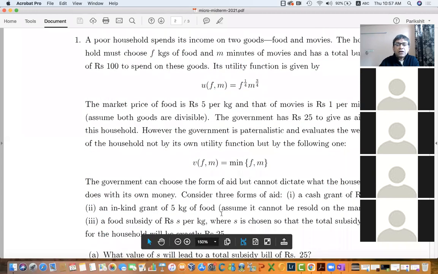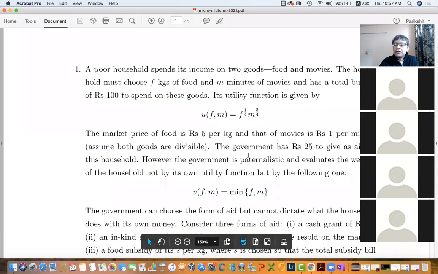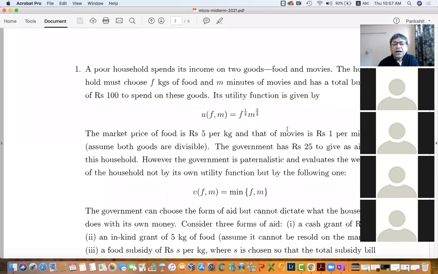So how do we solve that problem? Well, you take an arbitrary subsidy rate S first to begin with, okay? And then calculate the demand functions of the household as a function of that S. So what are the prices? Price of food is 5 and the price of movies is 1.